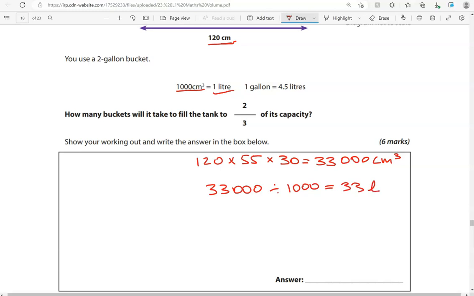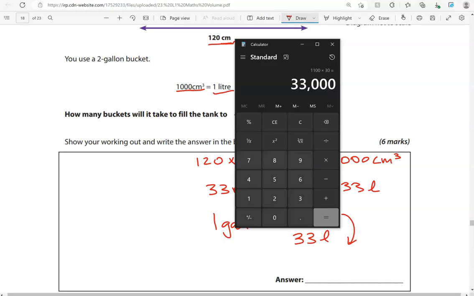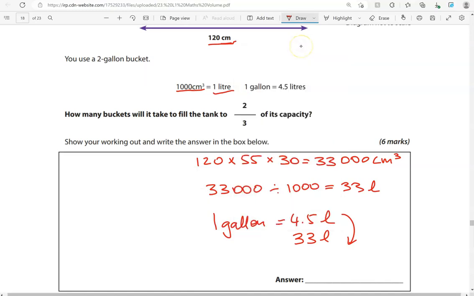Now we also know that 1 gallon is equal to 4.5 liters. What about 33 liters? How do we get from 4.5 to 33? So we'll do 33 divided by 4.5, which is 7.33, and so on.